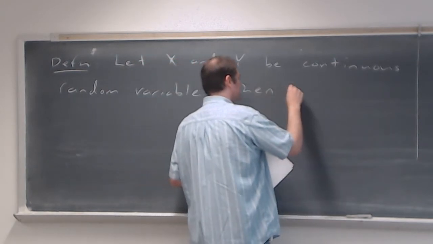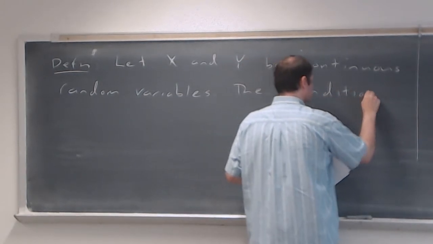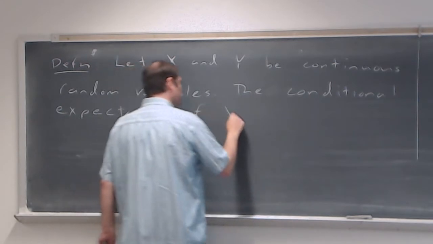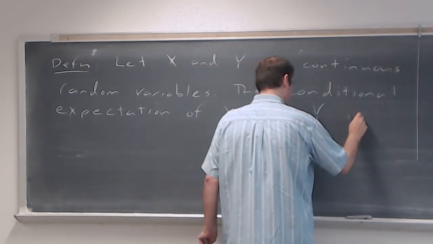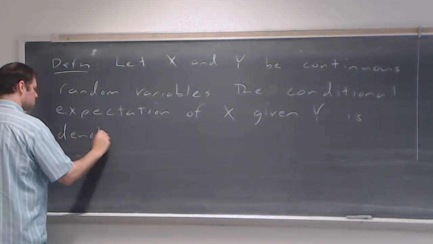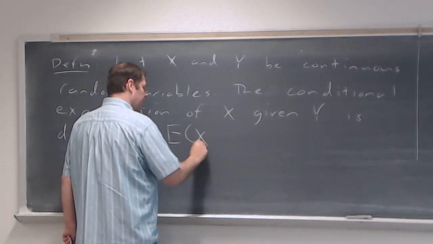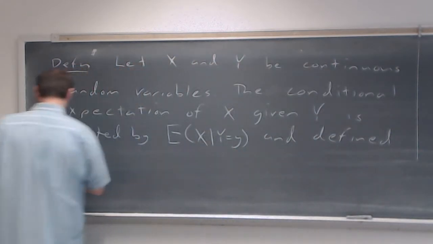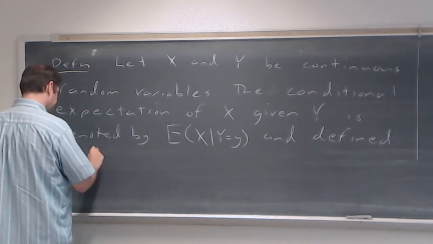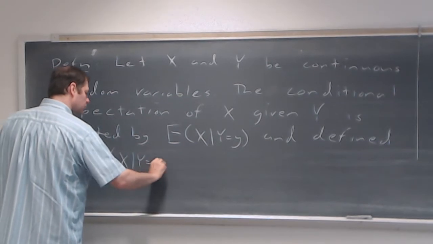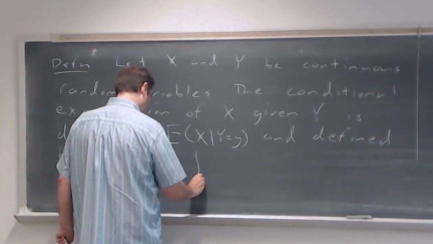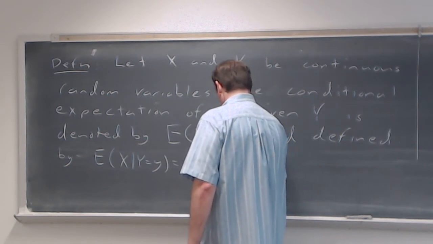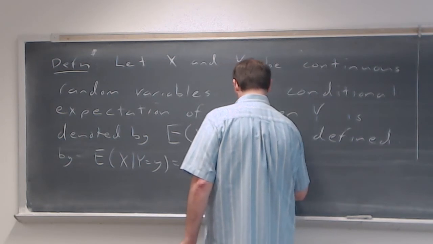Then the conditional expectation of x given y is denoted by the expected value of x given y equal to y, and defined by the expected value of x given y equal to y is equal to the integral from minus infinity to infinity of x times the conditional PDF of x given y, and we integrate with respect to x.